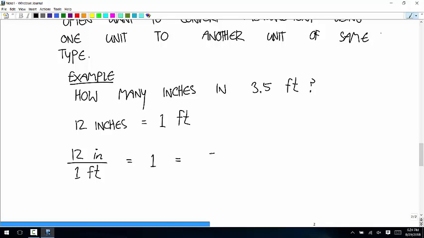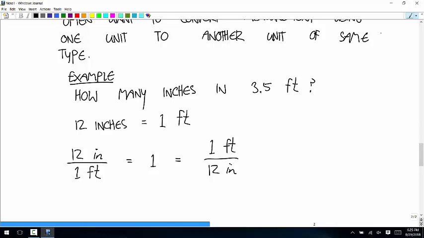And that's also equal to, you can switch which one's on top and which one's on the bottom, and either way, that's equal to 1. And the thing about 1 is you can multiply anything by 1 without changing what you started with. We don't want to change the actual length that we're representing. We want to represent 3.5 feet no matter what. We just want to use a different unit to represent it. So we're going to multiply 3.5 feet times one of these two ratios. Since they're both equal to 1, it won't change anything.